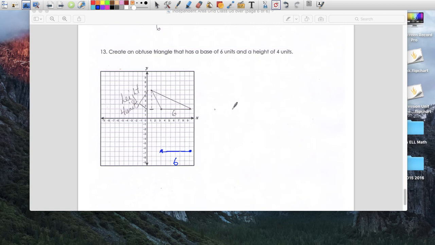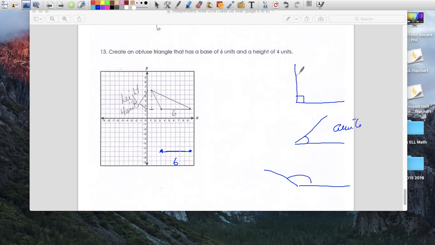I had to create something obtuse. So remember, this is 90 degrees, right? This is an acute angle, right? Because it's less than 90 degrees. And an obtuse angle is something that opens much wider. Anything that opens less than a right angle is acute.